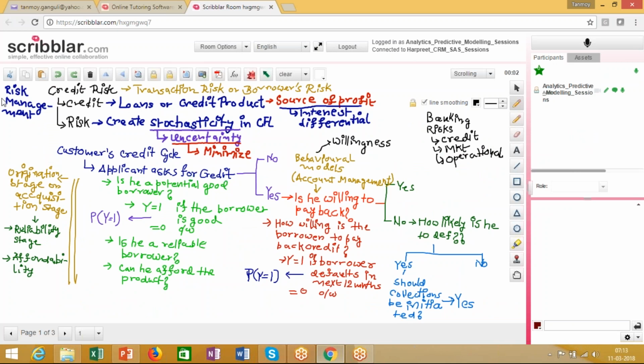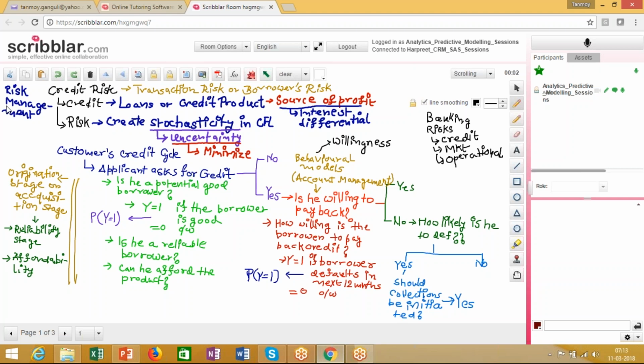what I have over here is I just started talking about what is risk management, what is credit risk, and what are the different stages of a customer's credit cycle. Right from the origination, we start talking about who is a good borrower, who is a bad borrower, whom to give the loan, whom not to give the loan.